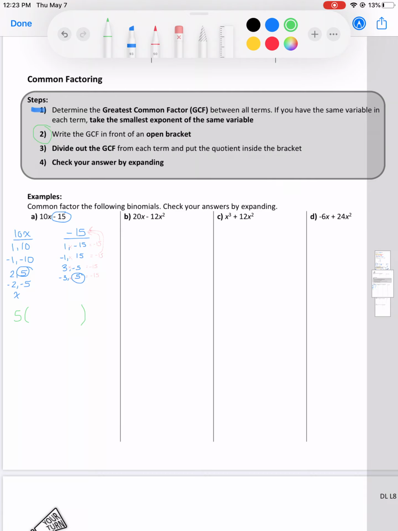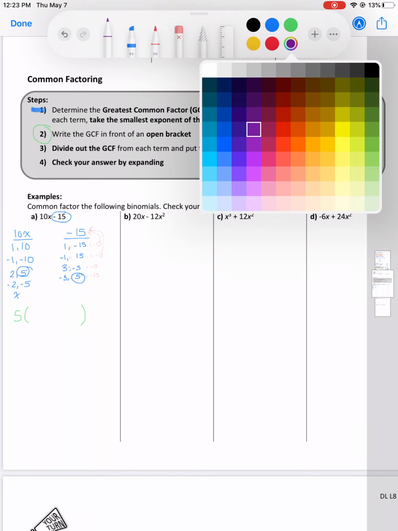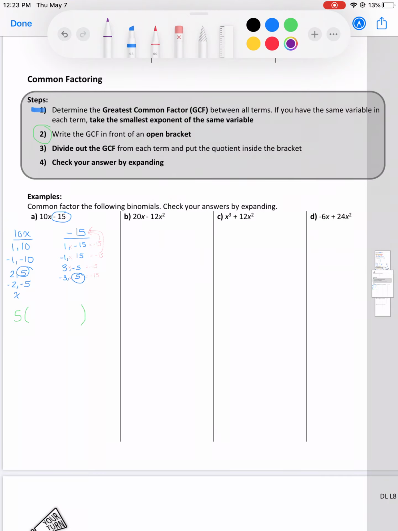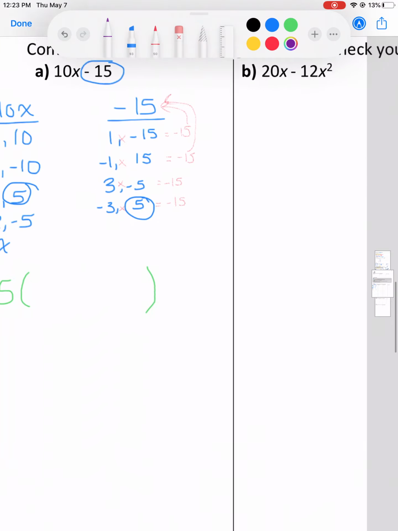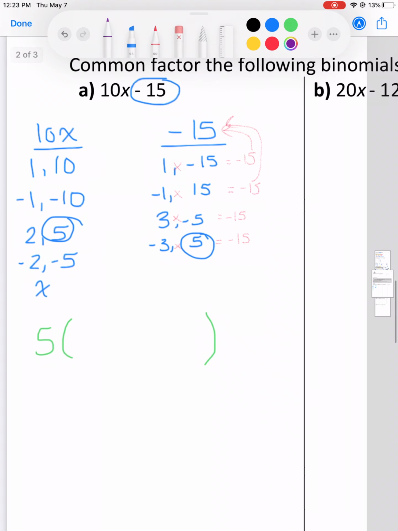Okay, so we are going to eventually close that bracket. Now what that means is we're essentially doing 10x divided by 5. This 5 is from here. We're taking out what's common.